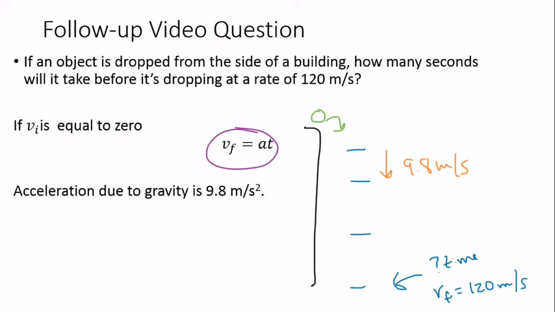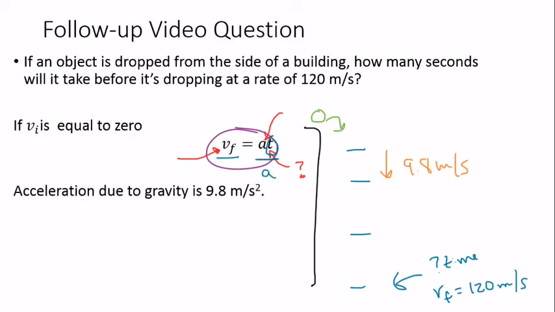So in this case, we know the final velocity, that's the 120 meters per second. We know a, that's the 9.8 meters per second squared, and we're trying to find t. I think I did an example of this before. If I was working this problem, right off the bat, if I want to get t by itself, I want to get rid of the a, so I'm going to divide this side by a.